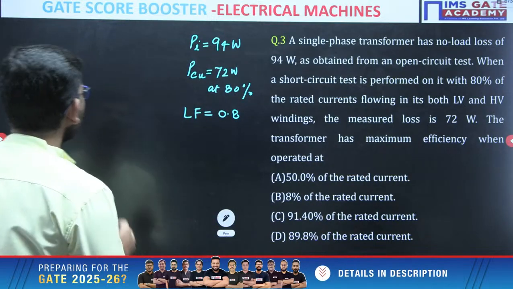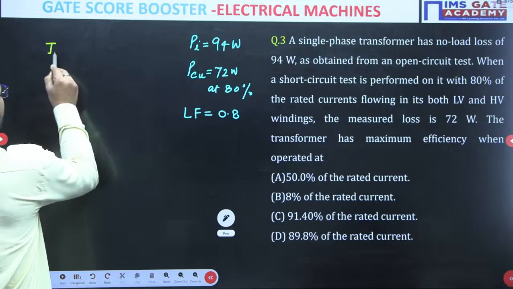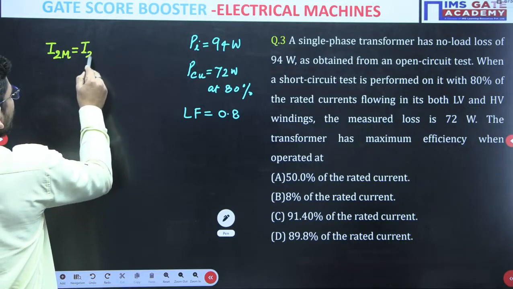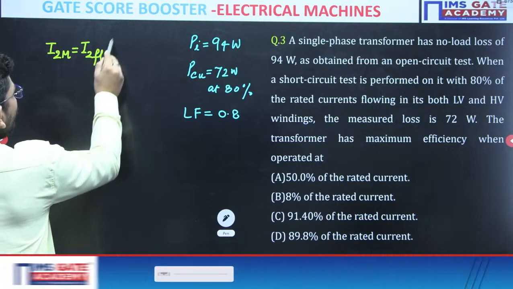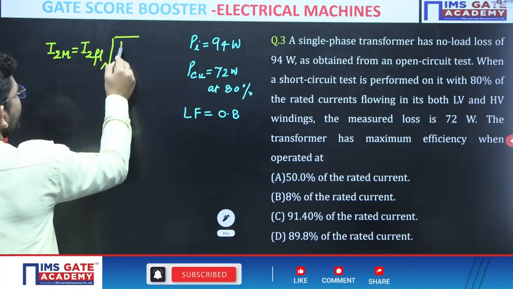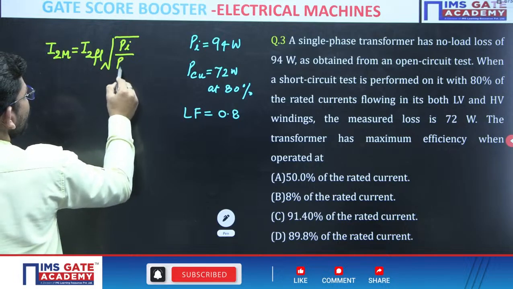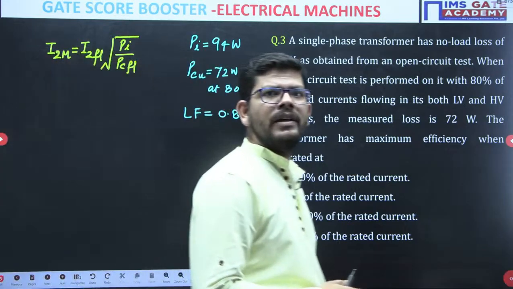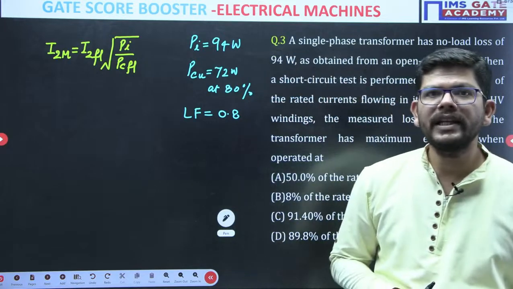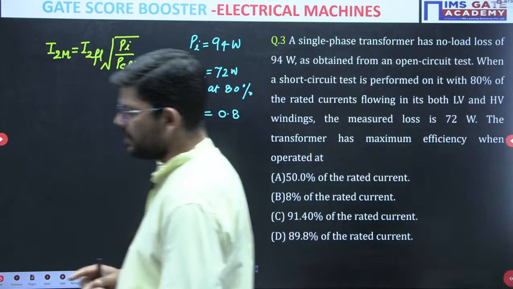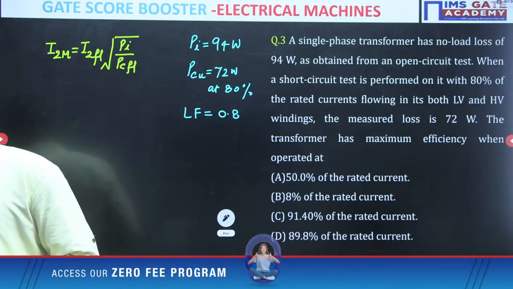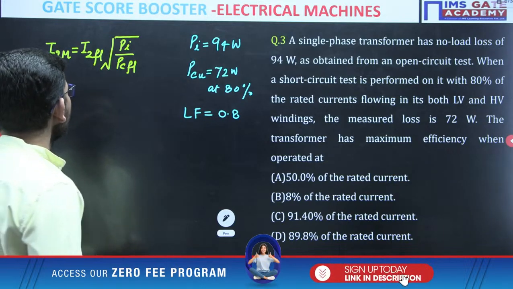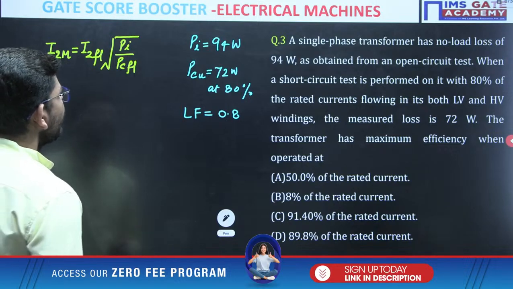I hope you know this formula: current during maximum efficiency equals full load current times the square root of Pi over PCFL. What is Pi? Iron losses. PCFL is the full load copper losses. Sonali is getting answer C, very good. So we need PCFL for that.